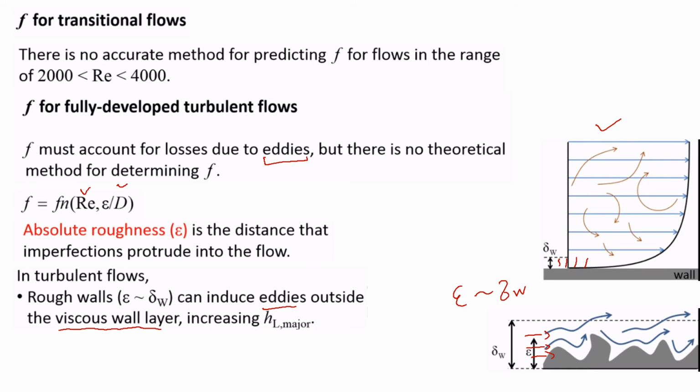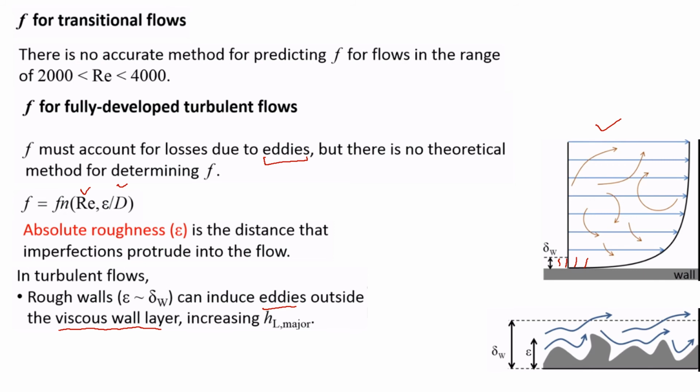So the roughness of the pipe results in increasing the major head losses inside the pipes, as we already discussed that major head losses are the losses inside the straight pipes, and minor losses are the losses concerned with the components of the piping system. So actually the main factor inside the pipes is the roughness of the wall.